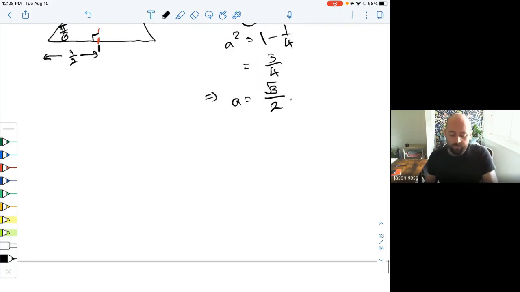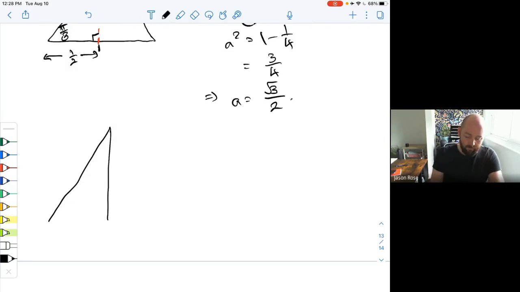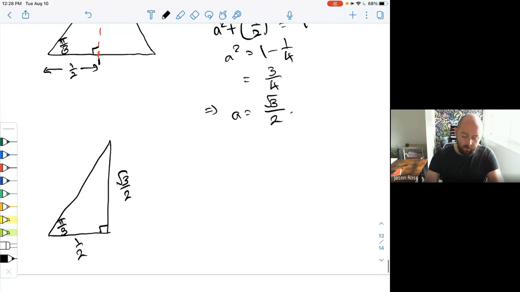So now what we have is this triangle here. We have a half. We have root 3 over 2. We have pi over 3. And we have pi over 6. And we have 1. So cosine of pi over 3 is the adjacent over the hypotenuse.